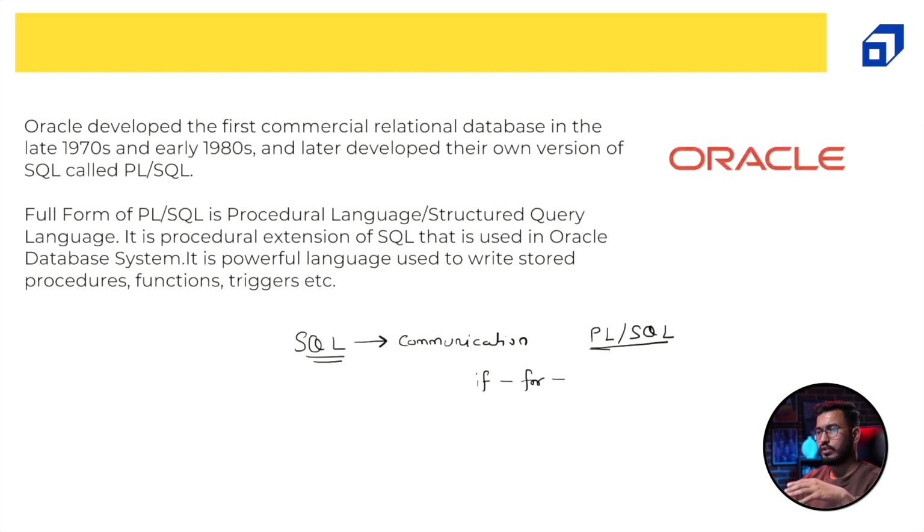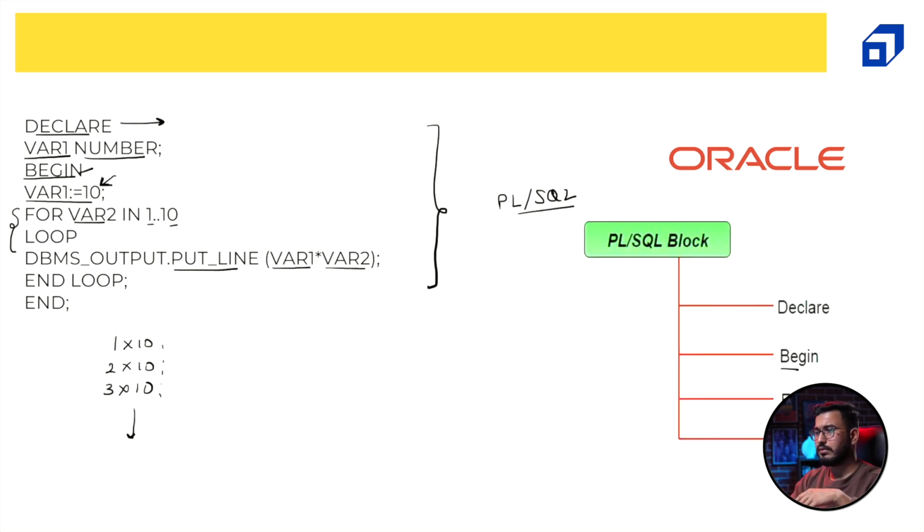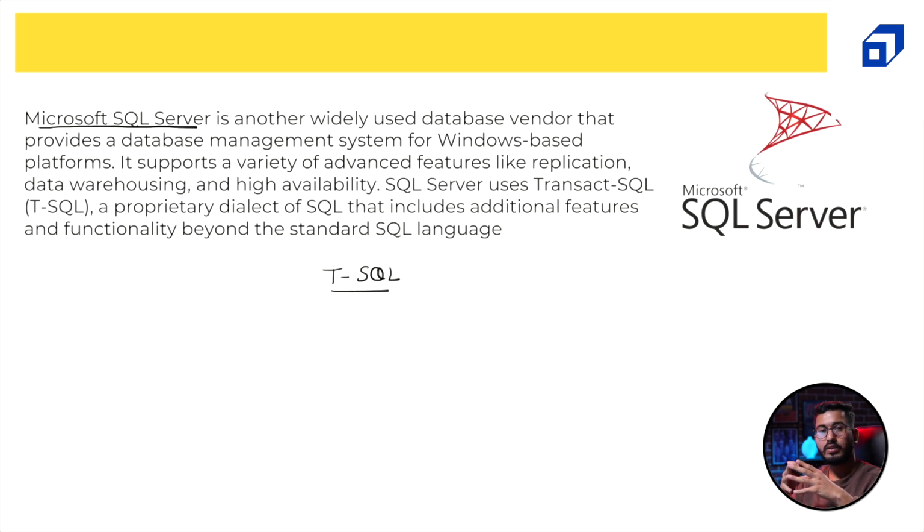So let me quickly summarize how the development was made. Oracle was the very first market player which came into existence, and they launched a particular SQL language which they called PL/SQL. PL/SQL was a language which allowed the user to write conditions, loops, and procedural logic. Then the next market player was SQL Server.